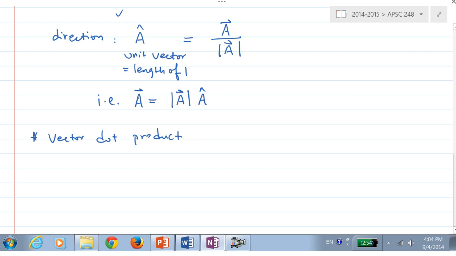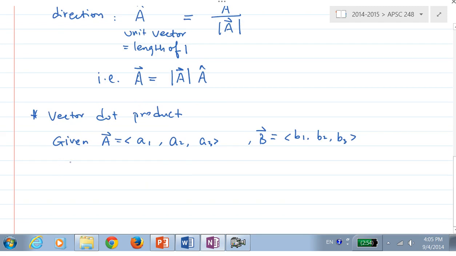So first, let's look at the dot product. Dot product basically, given two vectors, let's see, one is A and B vector. Okay, so given two vectors, we're going to carry out this so-called dot product.